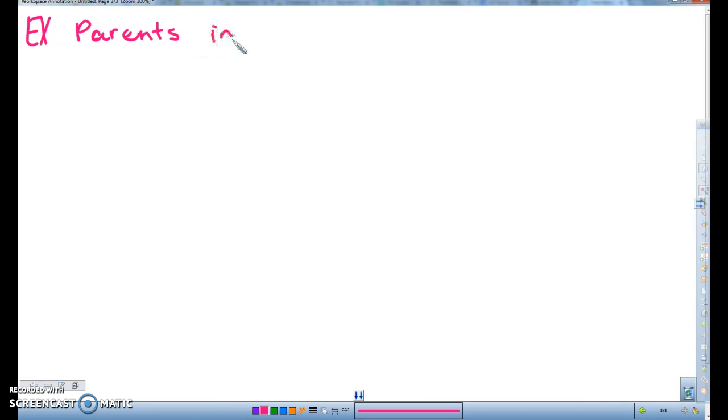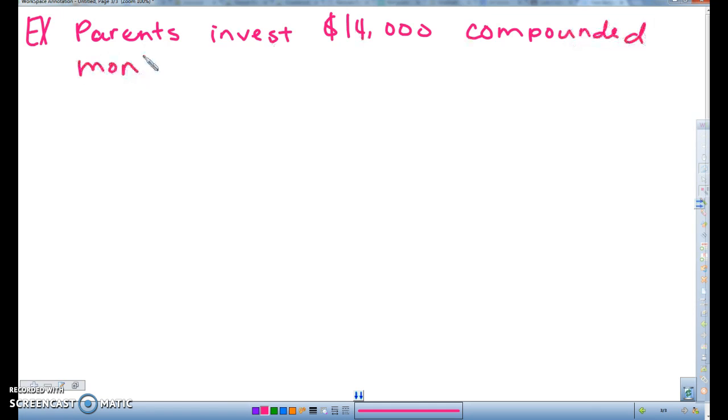So parents invest $14,000 in an account, and it is compounded monthly at 6%. And we want to know how much they will have by 10 years in.